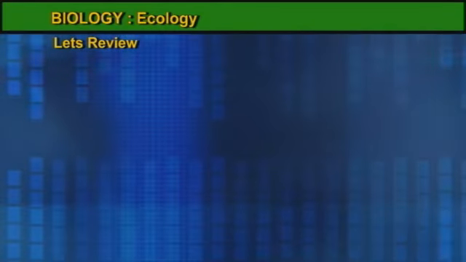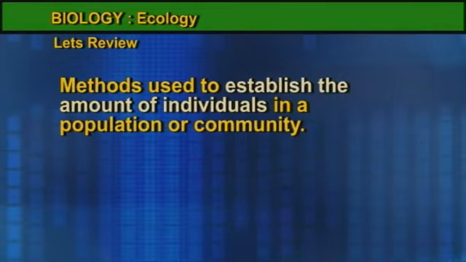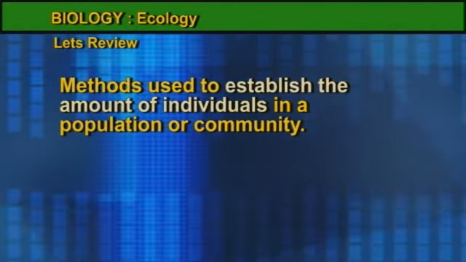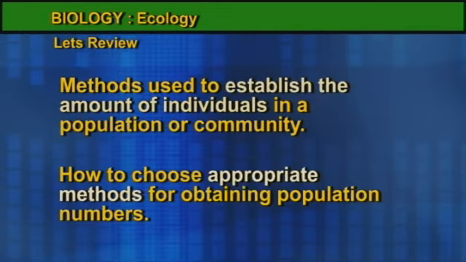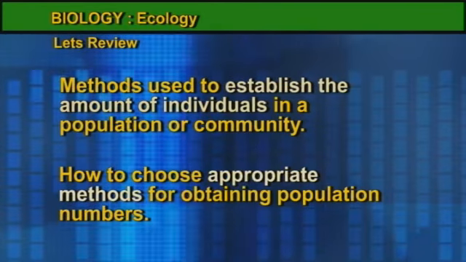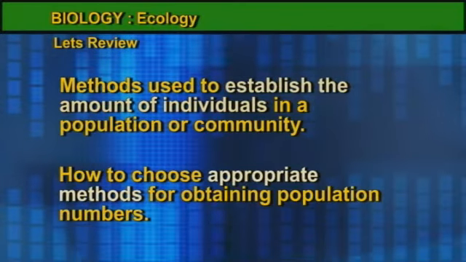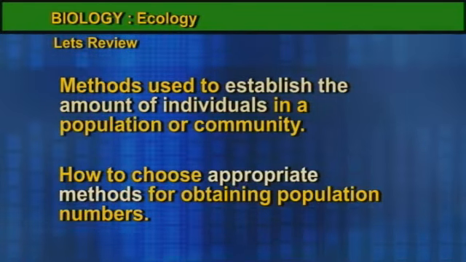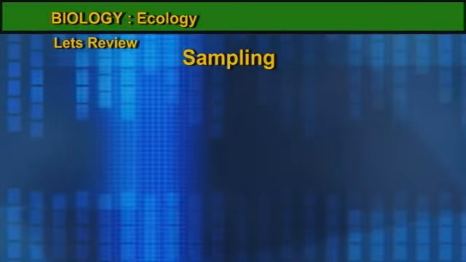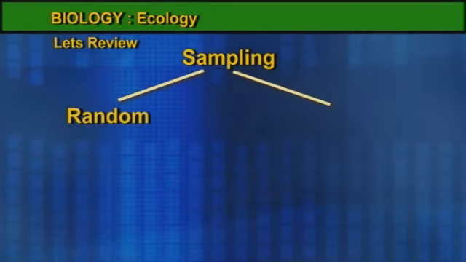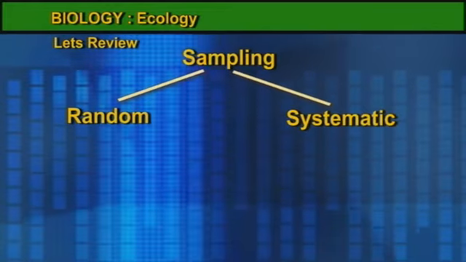Let's review. The different methods used to establish the number of individuals within a population or community, and how to choose appropriate methods for obtaining population numbers. Sampling may either be random or systematic.